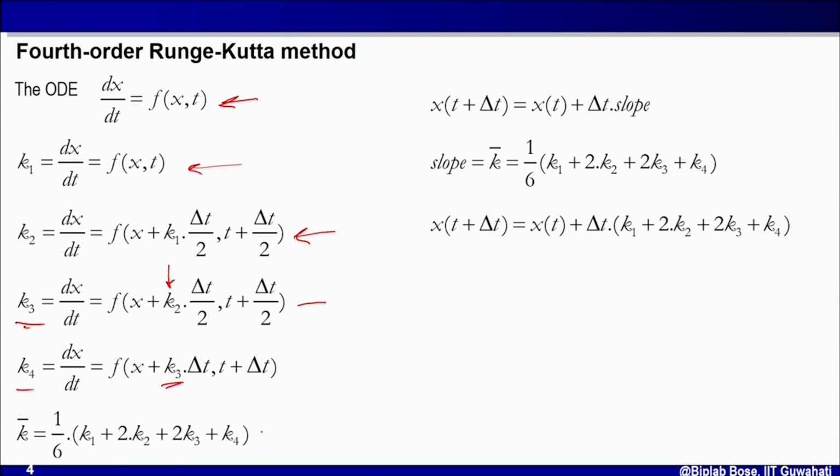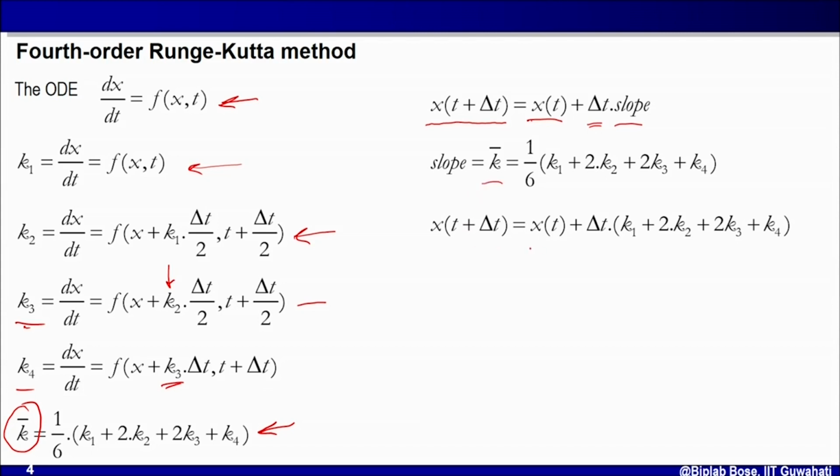Then I make a weighted average of these four slopes K1, K2, K3 and K4 to get a mean value of K, that is K bar. In general, as we have learned in case of Euler's method, x at a new time point, that is x at t plus delta t, is equal to x at the older time point, that is x at time t, plus the increment in time delta t into slope. Here we will use the average slope K bar.